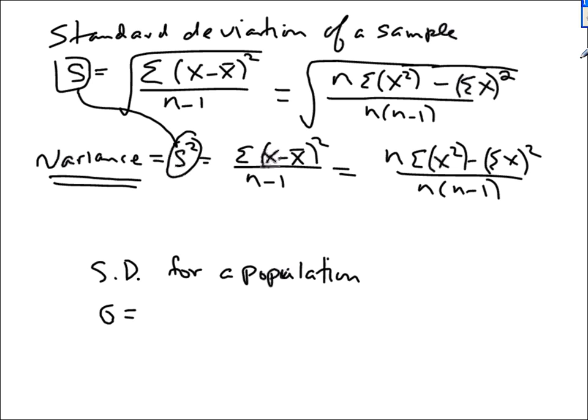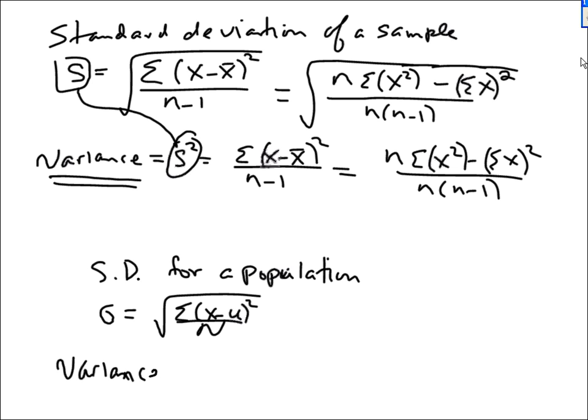And the formula for the standard deviation for a population is the square root of the summation of x minus mu squared divided by capital N. Capital N is just the sample size of the entire population, or the entire population size. And the variance, just square it.